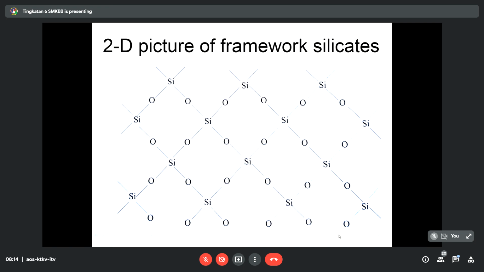But this is in a 2D way. That means the SiO4 is not in the 4 directions of east, west, south and north. But it is like in an X. SiO4. There. Si connects to 4 oxygen and all the 4 oxygen also are shared with another Si and Si. So that is framework silicates.